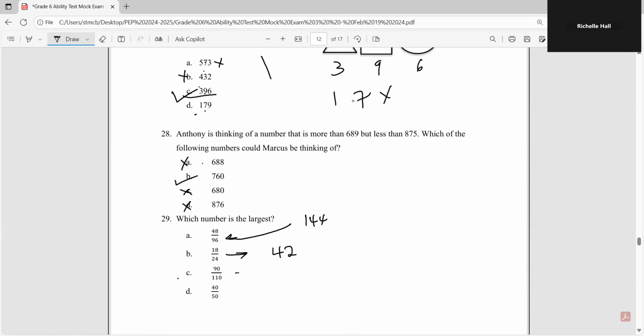Then I added up 90 and 110. I got 200. Then last, I added up 50 plus 40, which gave me 90. So the answer would be C, 200.